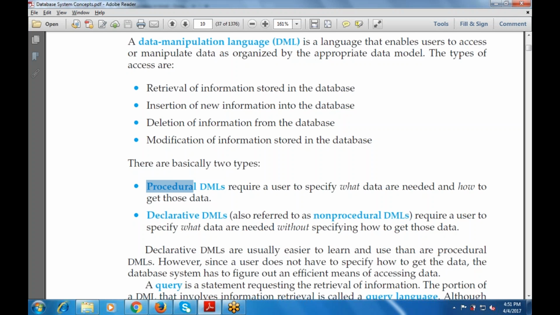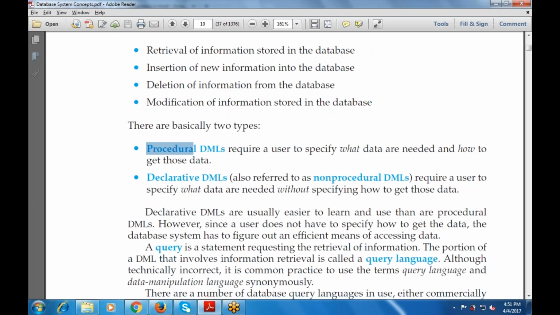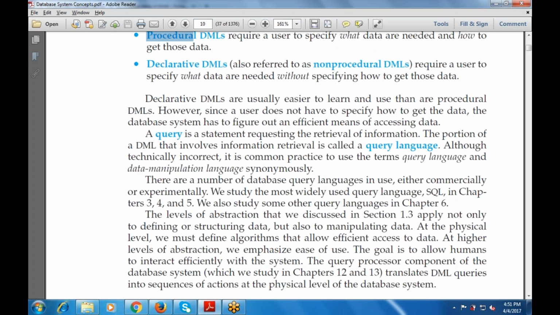So procedural means what and how, non-procedural means what but not how. That is a declarative.